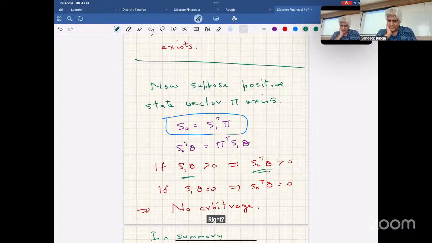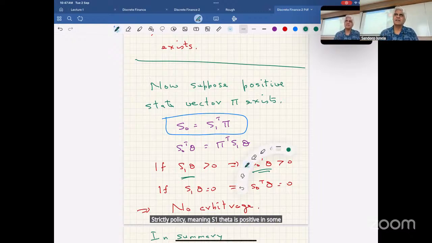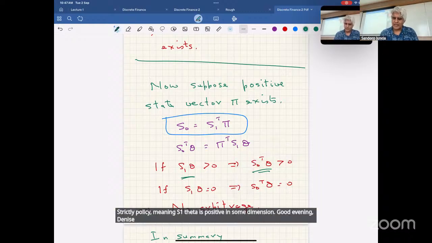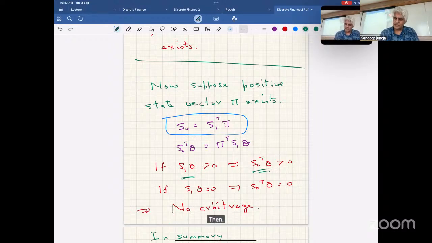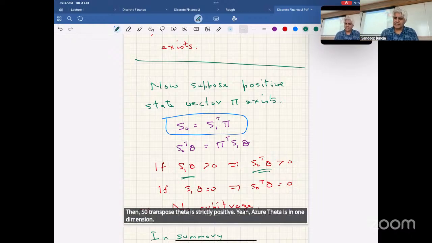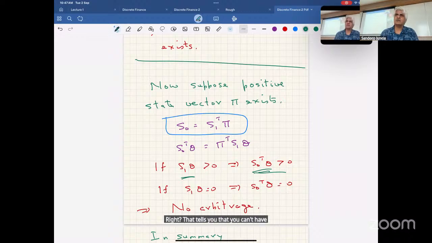I'm saying, suppose S1 theta is positive in some dimension, then S0 transpose theta is strictly positive. That tells you that you can't have arbitrage of this sort, where you are getting some money up front and having no liability later.